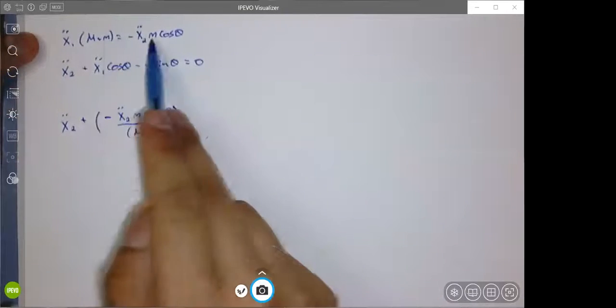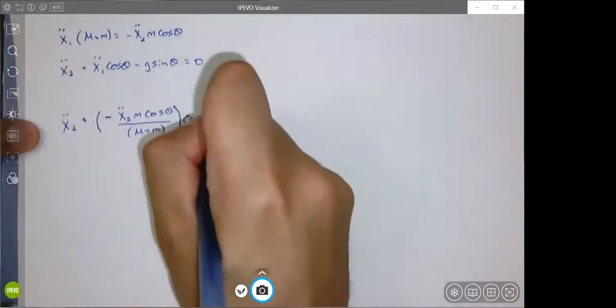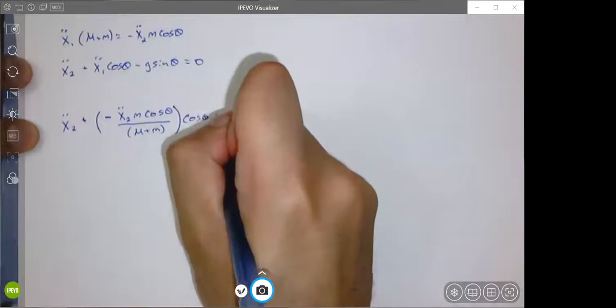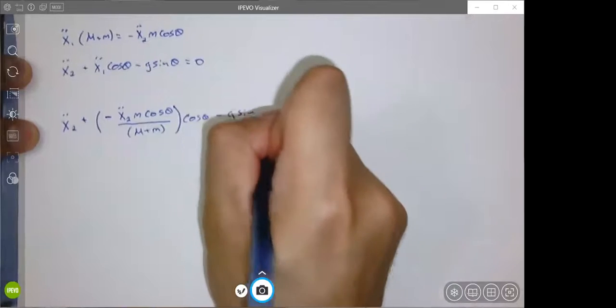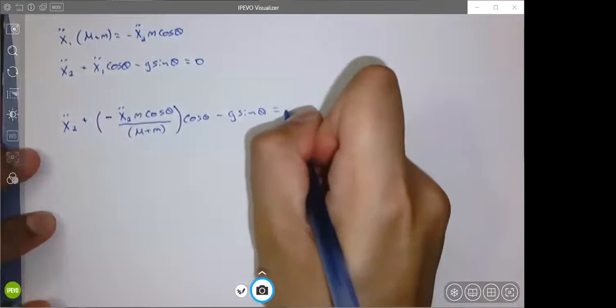So that's taking this term right here, placing it into there. And then we also have the cosine theta minus g sine of theta. And all of that has to equal 0.